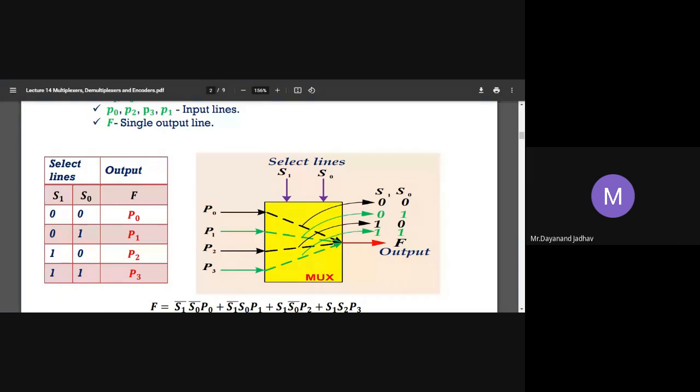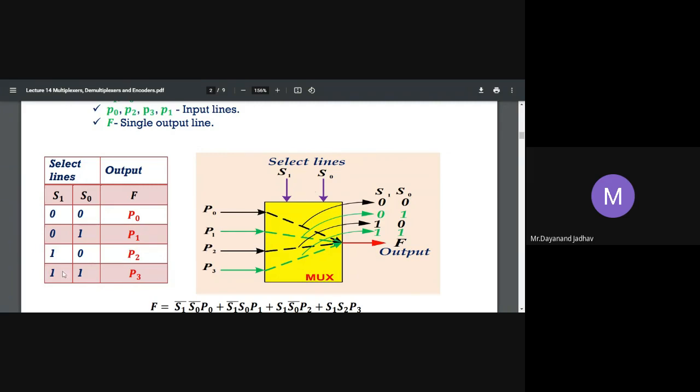Therefore, if the select lines are 0 0, then P0 is selected in the output. If the select lines are 0 1, P1 is selected in the output. From the main inputs, only one is selected in the output, and it depends on the select lines applied.